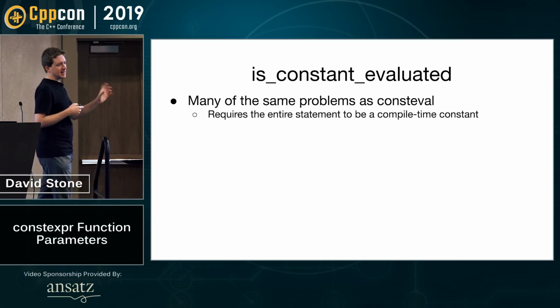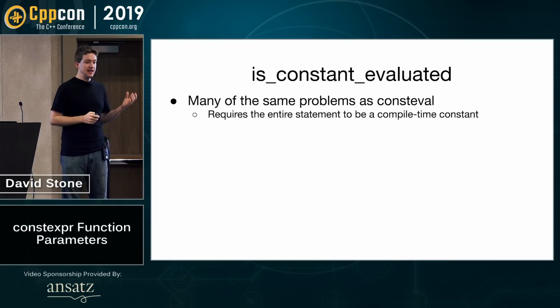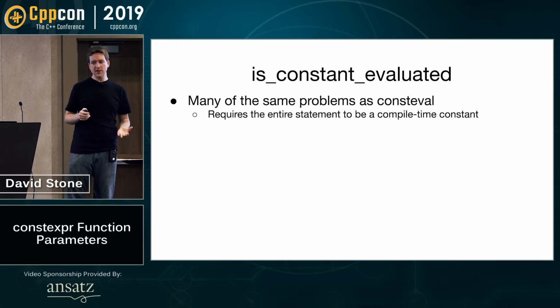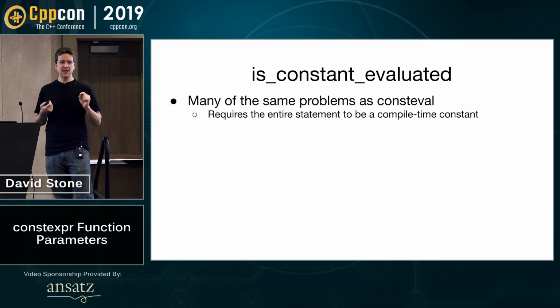So if you say static_assert of some constexpr function, then is_constant_evaluated is going to be true in there. But if you say int x equals some constexpr function, is_constant_evaluated is going to be false in there. It's based on how you use the result, not based on whether the inputs are known at compile time.